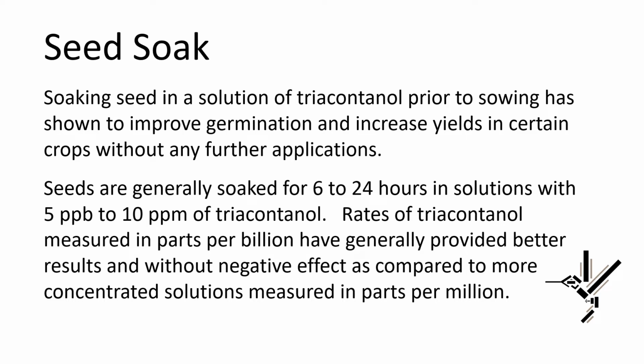In every instance, I've seen negative effects from going above 40 parts per billion, in what I've tested. So 40 is a good rate, and probably less than that. So that's another way you can apply triacontanol.